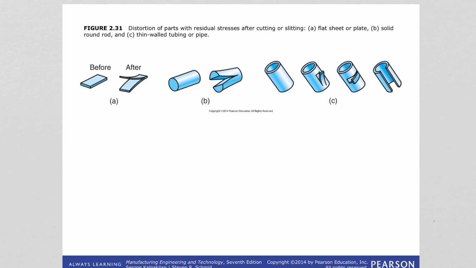This will create stresses between the different regions of the part, and this can again create residual stress inside the material. Okay, so these residual stresses are important in explaining different behaviors, different observations that we are seeing.